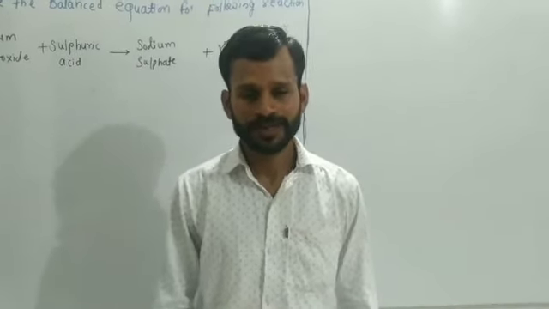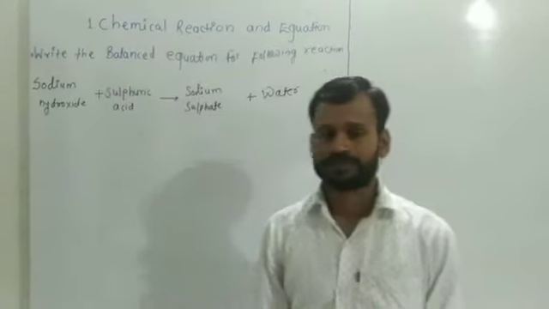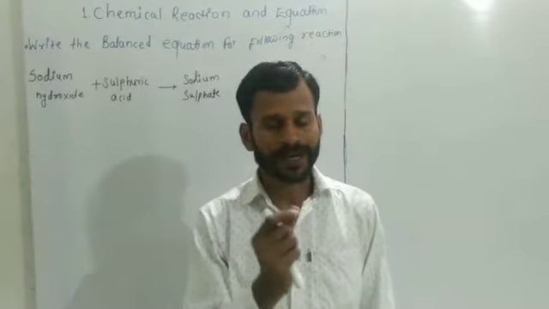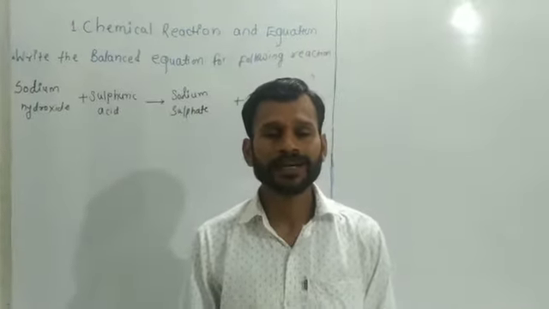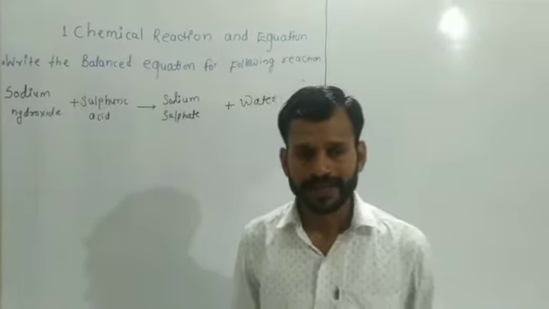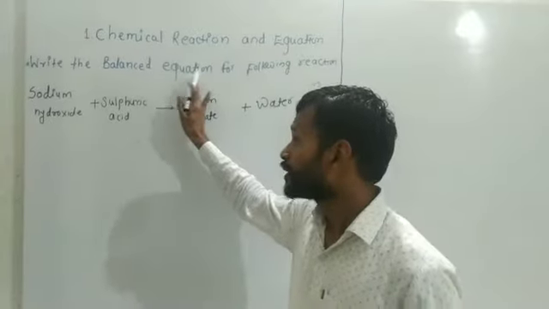Welcome students. We already started the chapter Chemical Reactions and Equations. In this chapter, we already completed the concept of balancing a chemical equation. Now in today's class we will study one question.